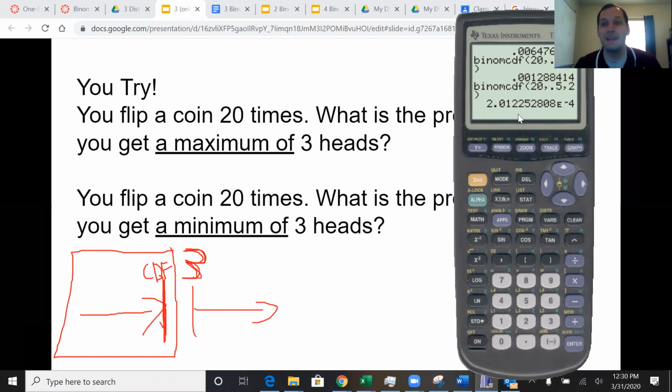So to find my answer now for 3 or more, what is the overall probability going to add up to for each of these cases? It's going to be 100%. So if this is the probability for 0, 1, and 2, 1 minus, that's not a minus sign. 1 minus whatever 0, 1, and 2 are is going to tell me what 3 through 20 will be.